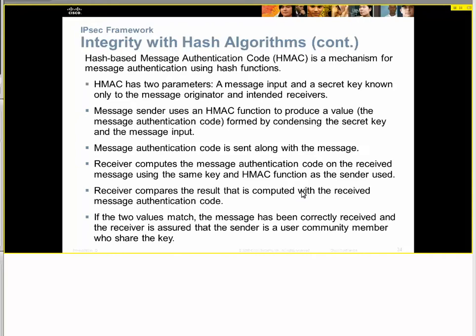So the hash-based message authentication code is the algorithm that takes the message and the key, munches it, and comes up with the hash value. This hash value is sent with the message, and the process is reversed. That's all there is to it. It's very straightforward. Again, thank goodness we don't have to write the protocols. They've already been written. All we have to do is implement them.